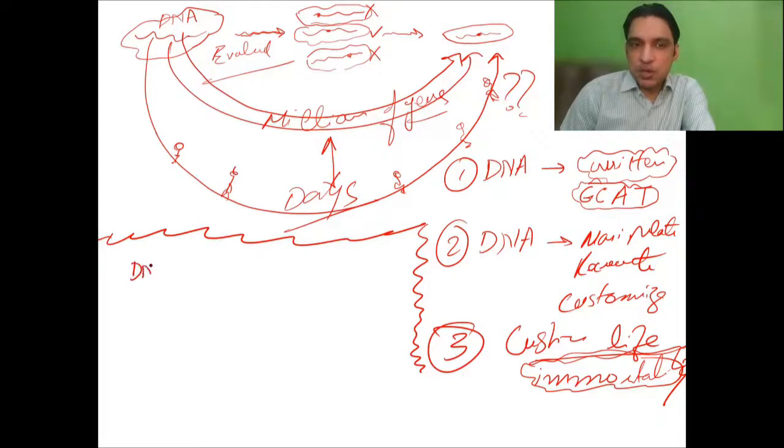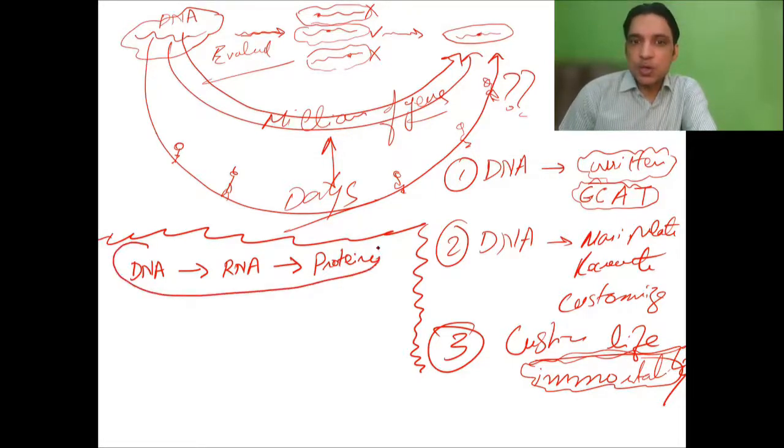The life we know revolves around this fundamental thing: DNA creates RNA, and RNA creates proteins, and the proteins execute the function of life. This is what we call the central dogma of life.